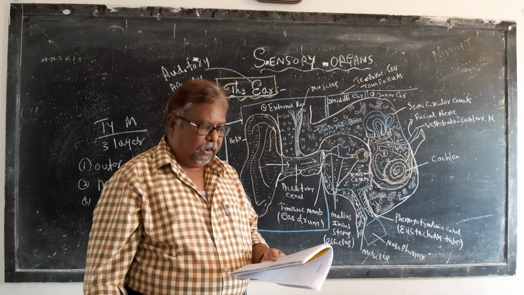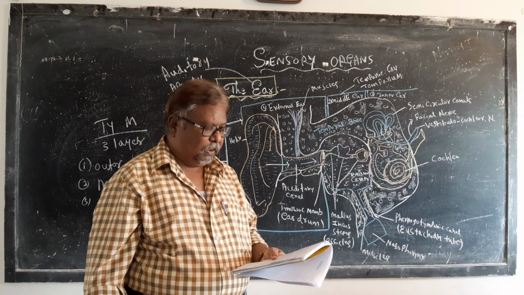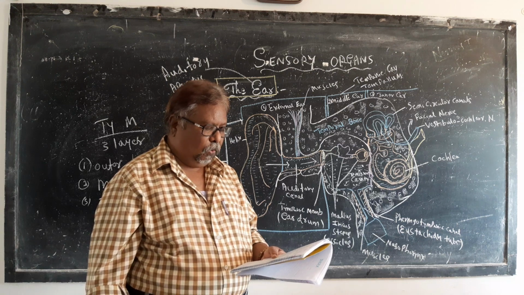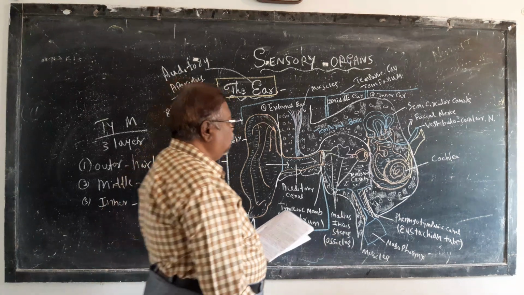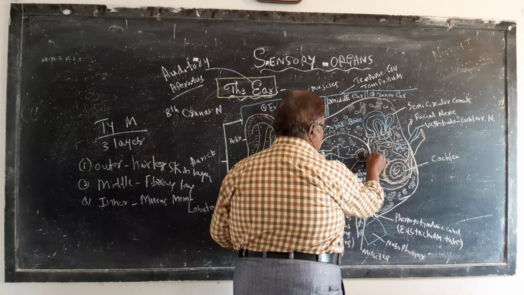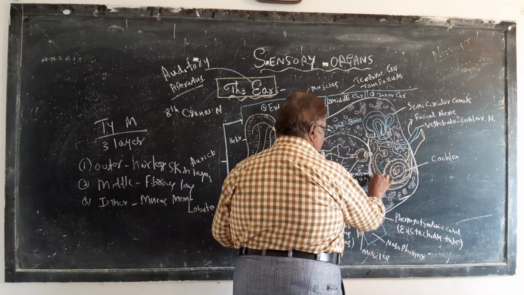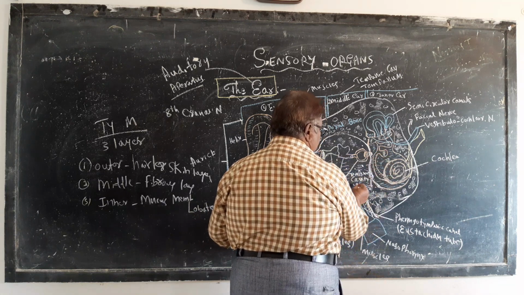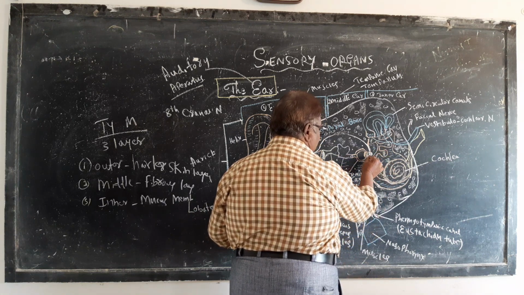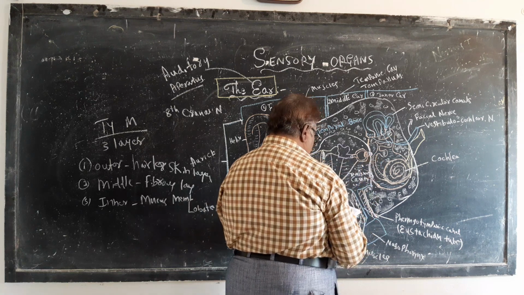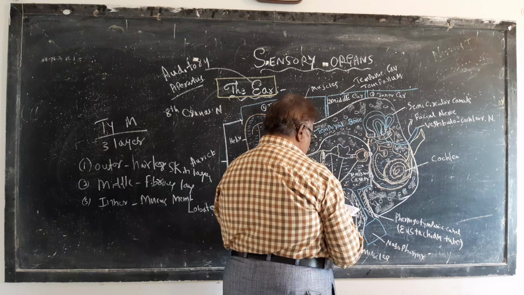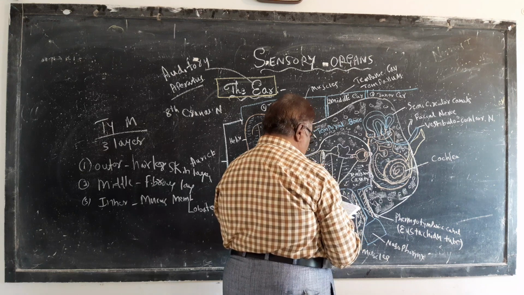The round window is a round opening which leads to the cochlea. So there are two openings, two windows, in the tympanic cavity. The first one is opened by the stapes, and the other is the opening which leads to the cochlea.